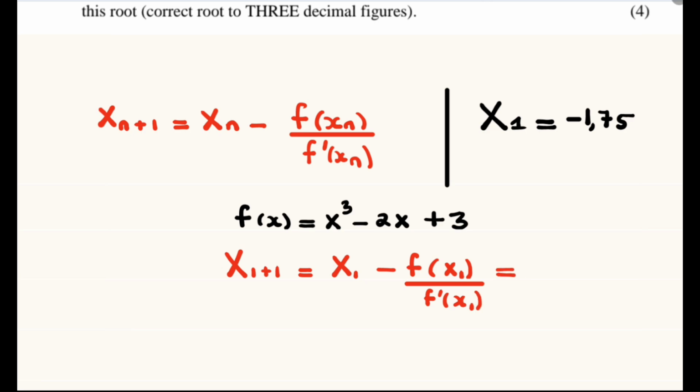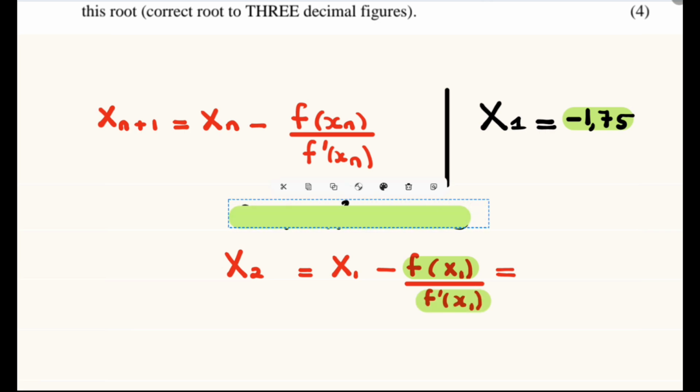So that 1 plus 1 in the subscript, 1 plus 1 is equal to 2, so we are determining x2, and x1 is that negative 1,75. We substitute that negative 1,75 into the f of x equation, and we take the answer and plug it there, and we derive the f of x, substitute the negative 1,75 and plug the answer in the denominator where there is that f prime of x1.